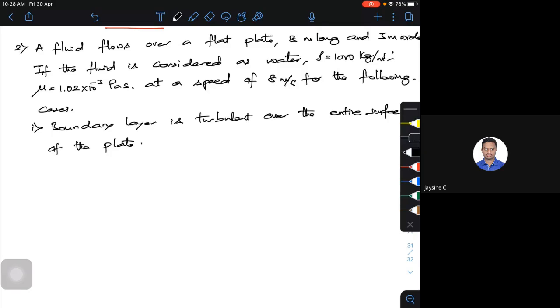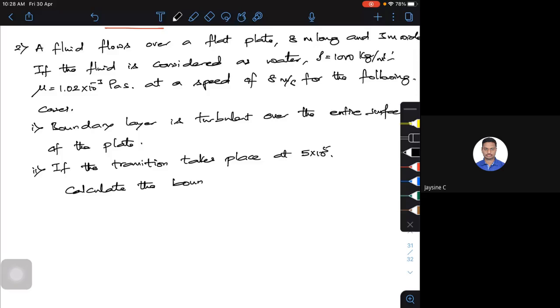The second condition: if the transition takes place at 5 × 10 to the power of 5. So calculate the boundary layer thickness.